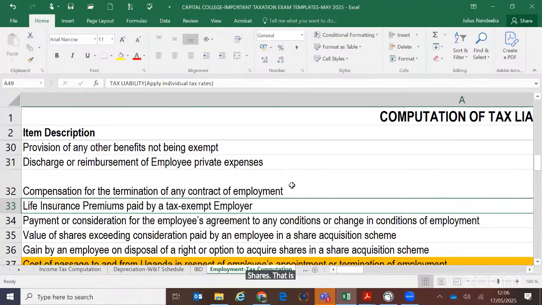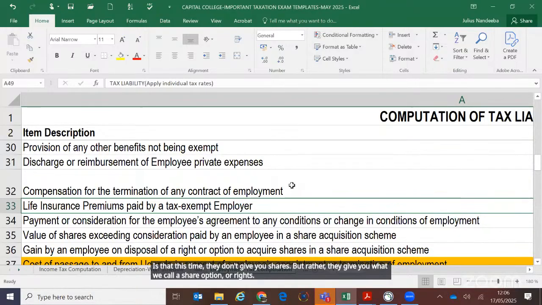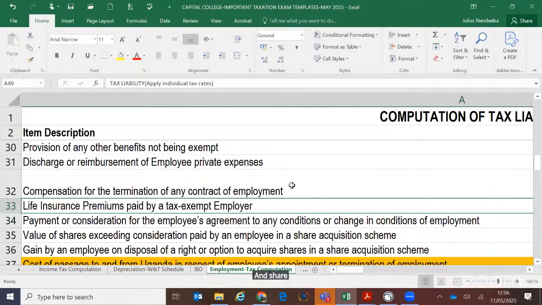That is 1. Number 2, that is taxable, is that this time they don't give you shares, but rather they give you what we call a share option or right. A share option or right simply means that they are promising to make you a shareholder in the future when you meet certain conditions.